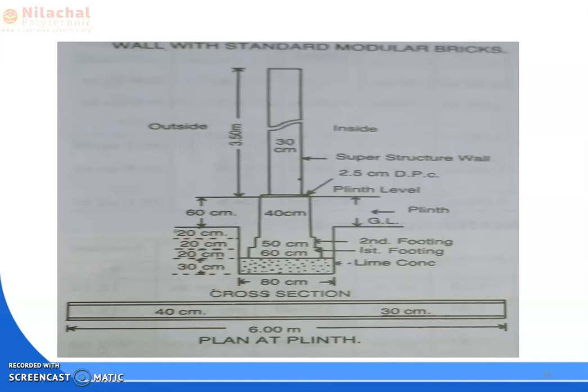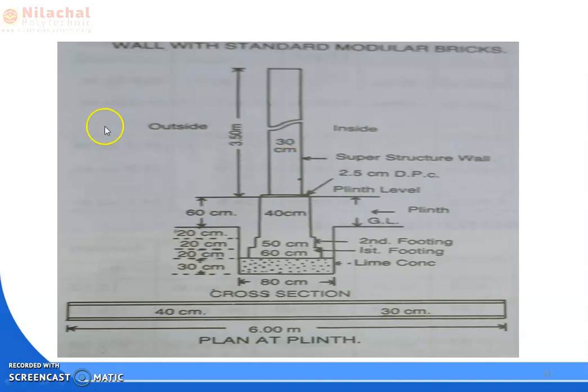Here the bottom part of the foundation is lime concrete, right? Here lime concrete is given, whose breadth is 80 centimeter. I already told you, here the lime concrete length is 6 meters, first footing length 6 meters, second footing length also 6 meter, plinth also 6 meter, and the superstructure 30 centimeter wall length is also 6 meter.